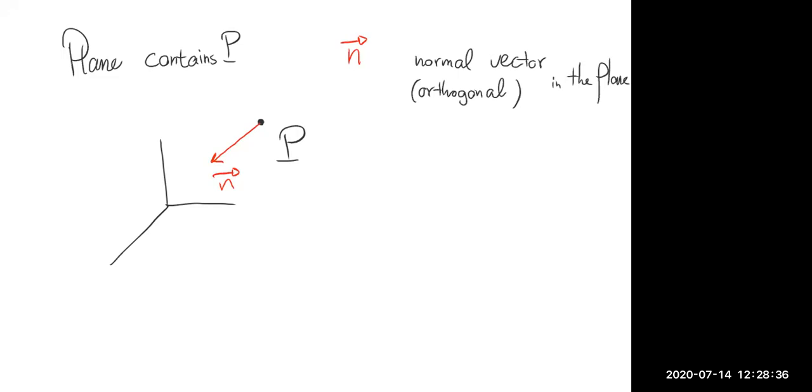If I ask you what is that plane, it's not hard to see. It's supposed to be a plane which has this point P, and it's supposed to be normal to this vector. That uniquely gives this plane. Maybe my drawing is not very clear, but there is just one plane which has this point and is normal to a given vector.